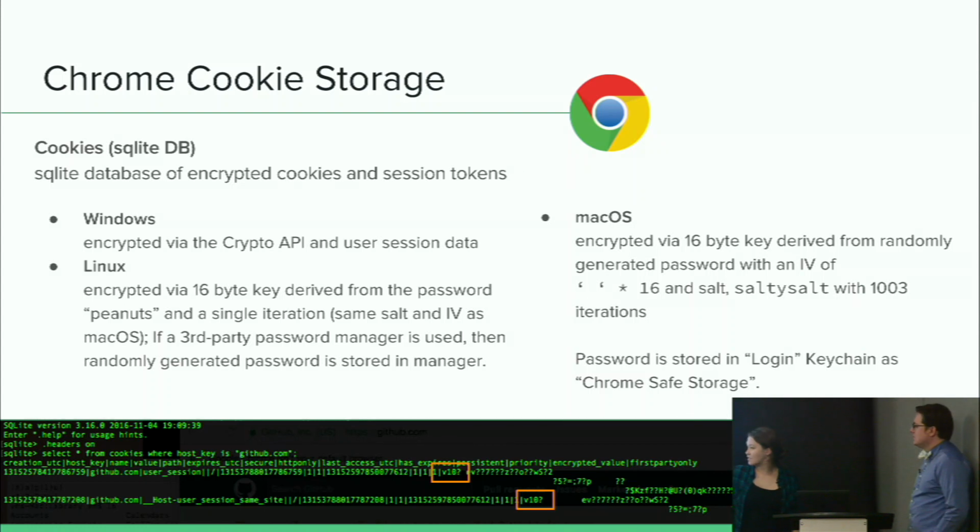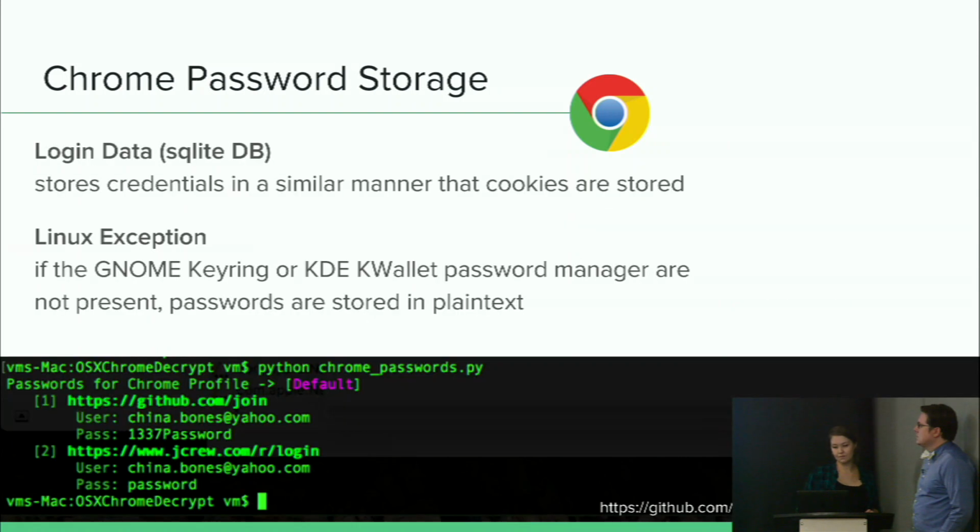We're just accessing it, so we can see that the sessions themselves have been encrypted, but I don't know if you can see in the back, v10 is prepended to it. If v10 is prepended to it, that means there's no password manager on the system, and it's encrypted using peanuts. If it's v11, there is a password manager, and so you're going to need to dump from the keyring or the wallet or wherever that value is in order to recover those sessions.